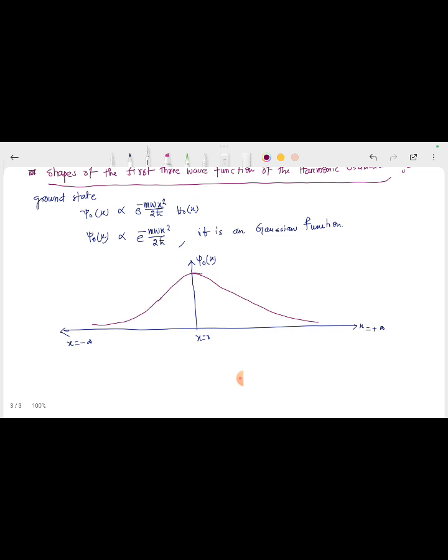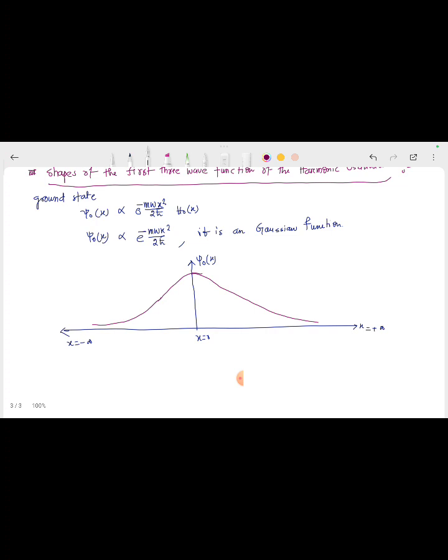So this is the shape of this eigenfunction. It's a Gaussian shape, right? From this shape we easily say that it's a symmetric wave function with respect to the y-axis.